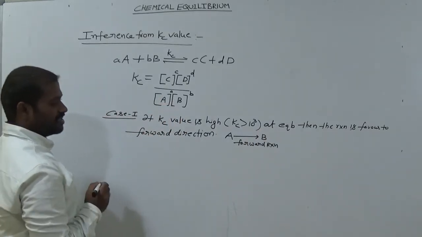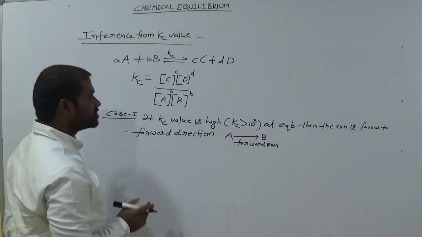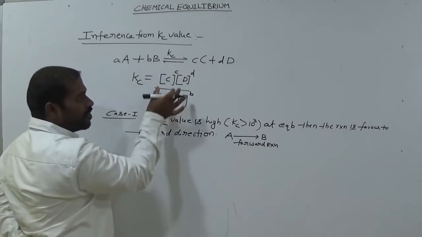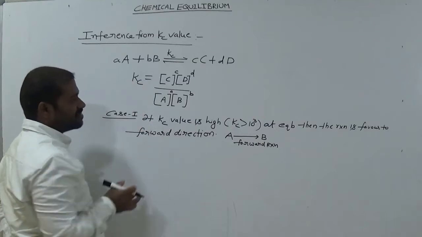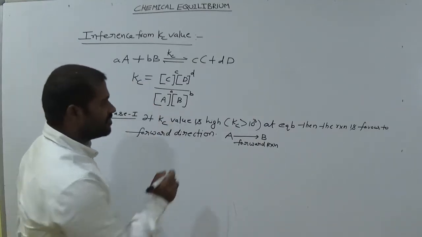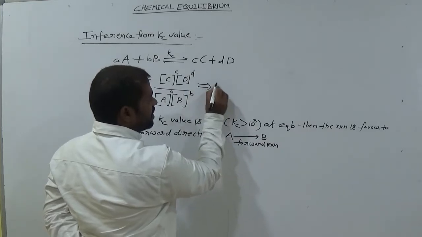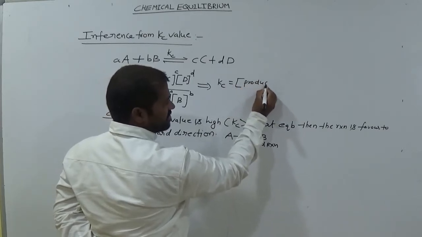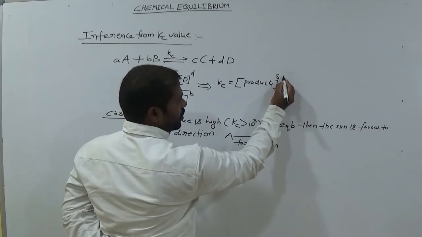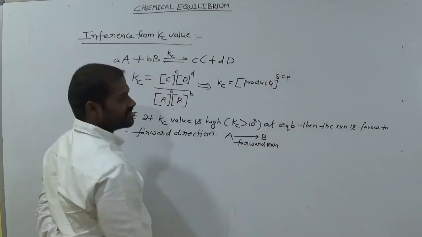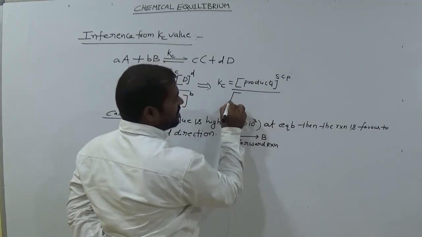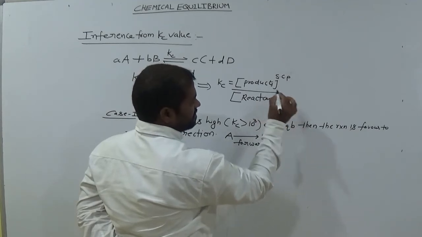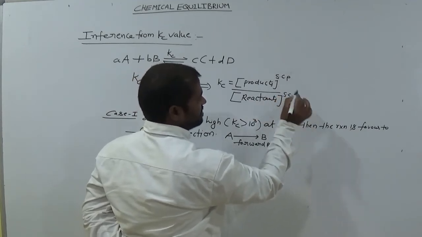Remember this. So why is it forward? If you observe here, Kc is equal to the molar concentration of products over the molar concentration of reactants, with the stoichiometric coefficients as powers.